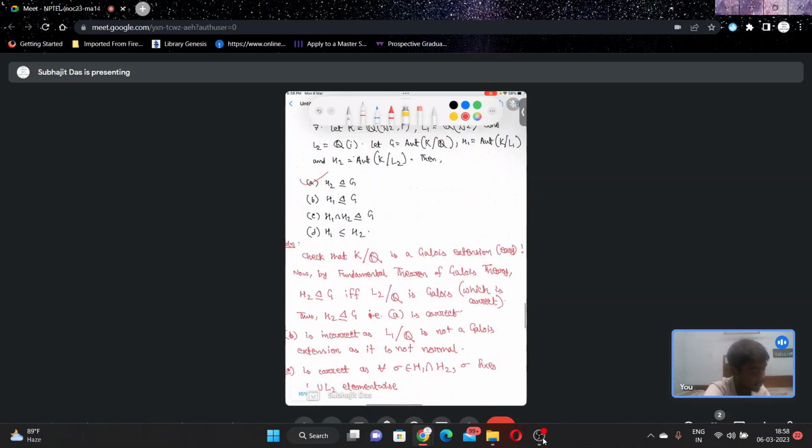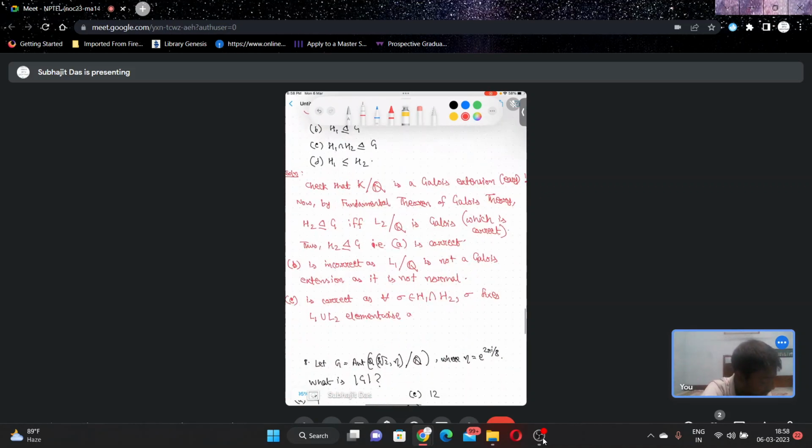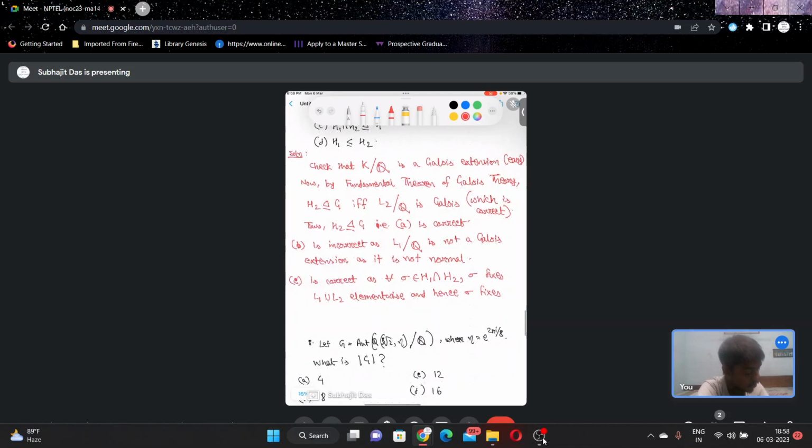It fixes L1 union L2 elementwise, and hence sigma fixes L1L2, the composite of L1 and L2, the smallest subfield of K containing both L1 and L2, that is, the subfield of K generated by L1 union L2. This is just K itself, right?